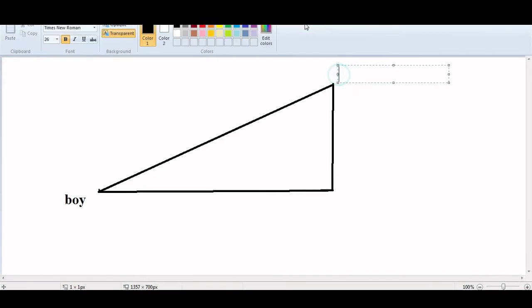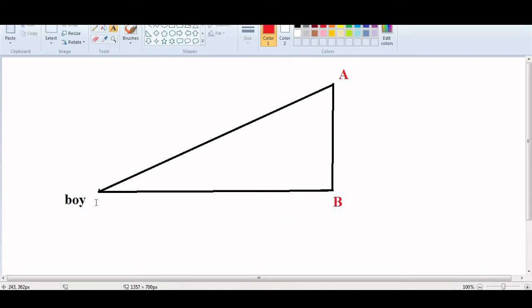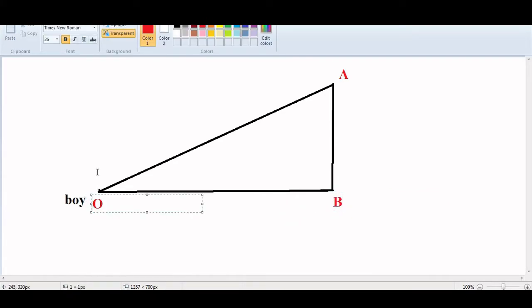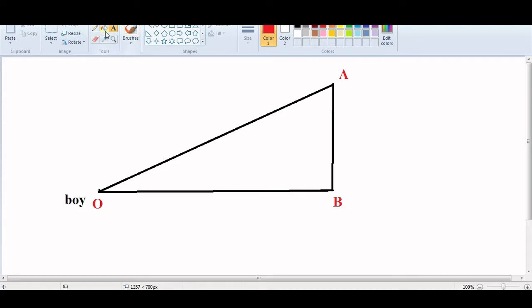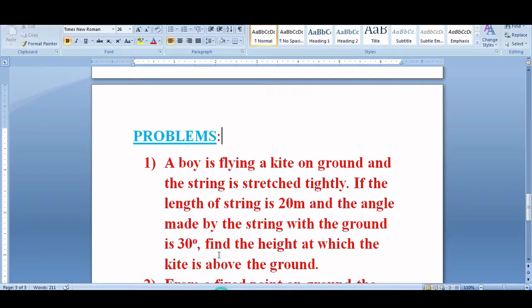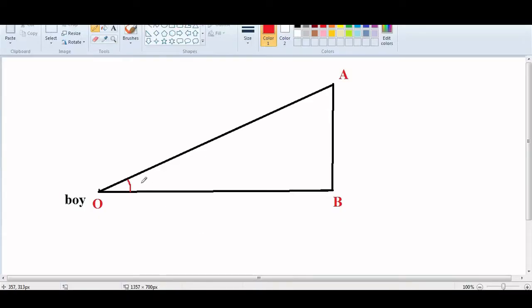So let's mark the points. I have already marked the points, and what we are given is that this angle is how much? It's 30 degrees.